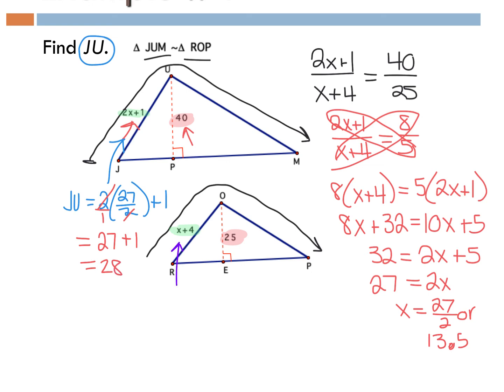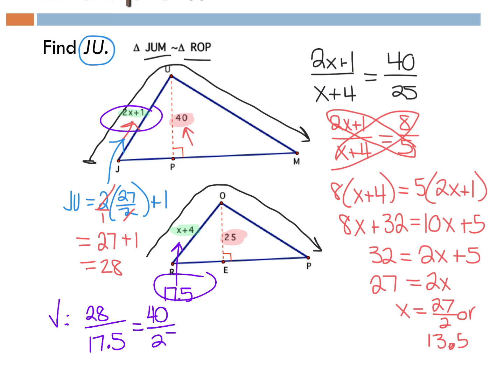For good measure, I could plug it in here as well. So for that segment, 13.5 plus 4 would be 17.5. To check, I could set up a proportion. Take this side, JU, 28, over this side, 17.5, and see if it is proportional to the altitude of the top triangle over the altitude of the bottom triangle.